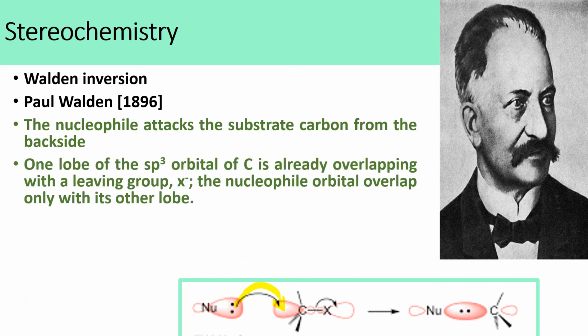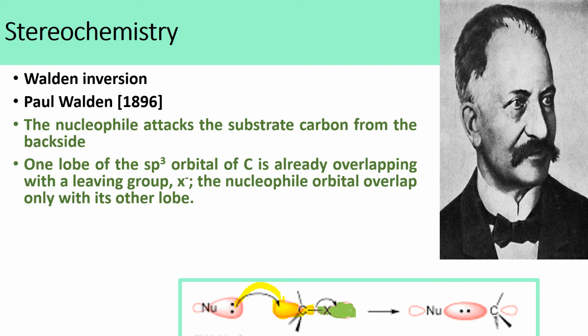One lobe of the sp3 orbital of carbon overlaps with the lobe of the orbital of the leaving group, which you can see here as green, and the carbon lobe you can see here as yellow in color.